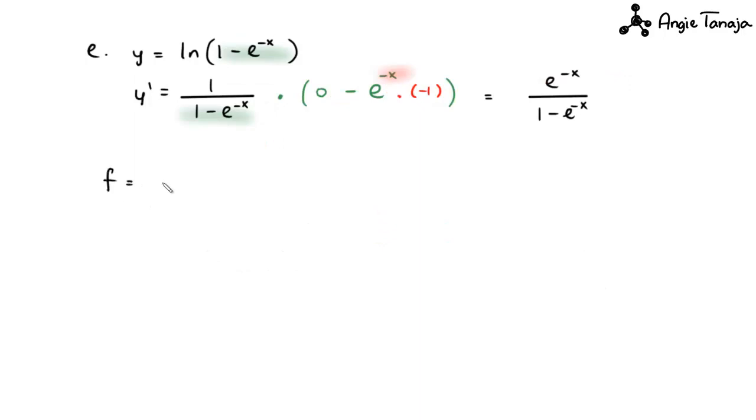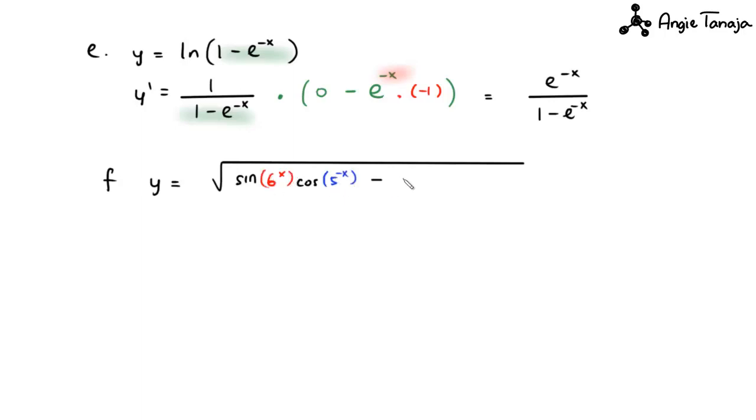It looks so complicated, but it is actually just the subtraction rule. Sine something cos another something, minus cos 6x sine this thing.